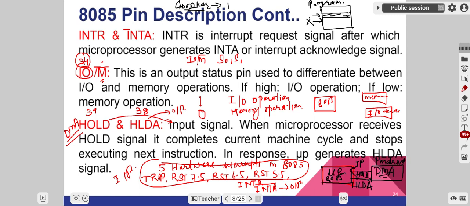Can anybody tell me what is the clock frequency of the 8085 microprocessor?